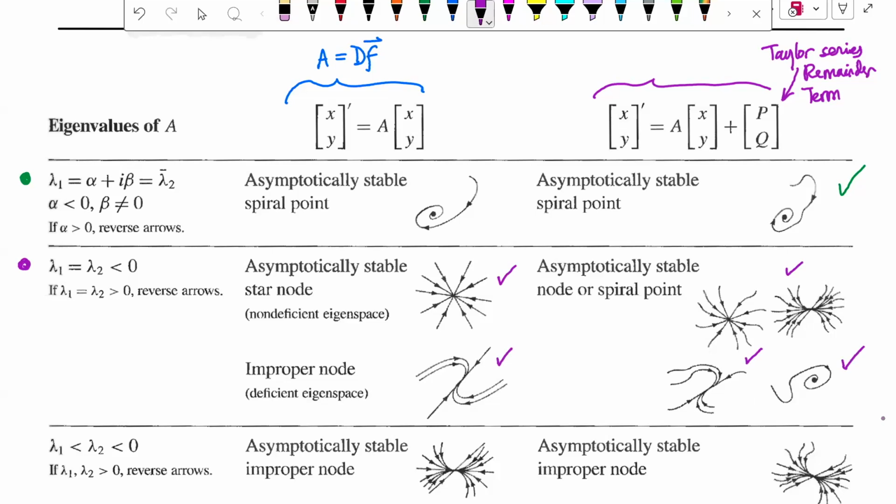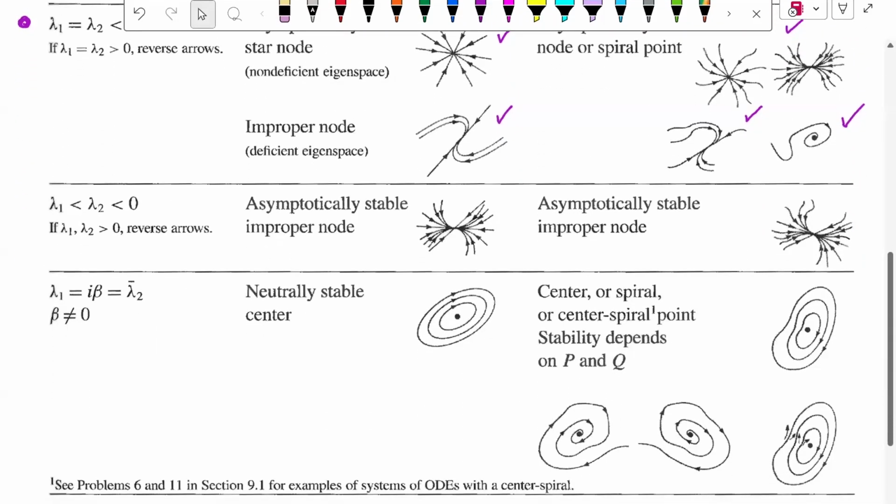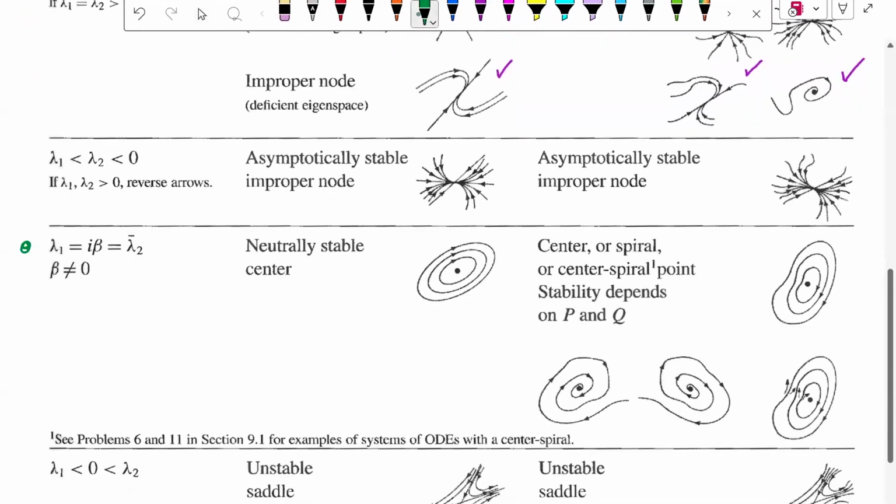One other exception that I will point out is if in our linearized case, we have what looks like a neutrally stable center, then it is possible that in the nonlinear case, we also had a neutrally stable center. But the catch is that we cannot necessarily be sure of either the orientation or whether that center, in fact, came from some kind of spiral.